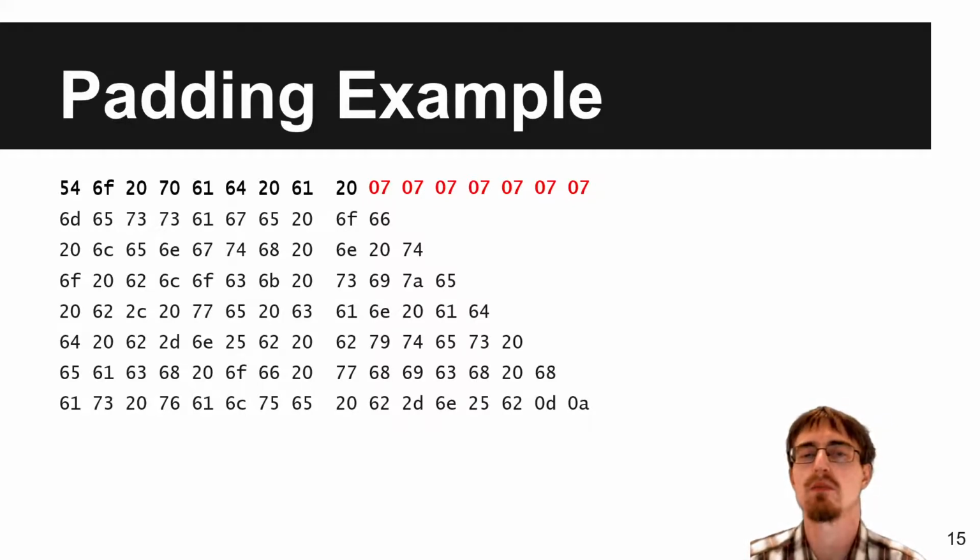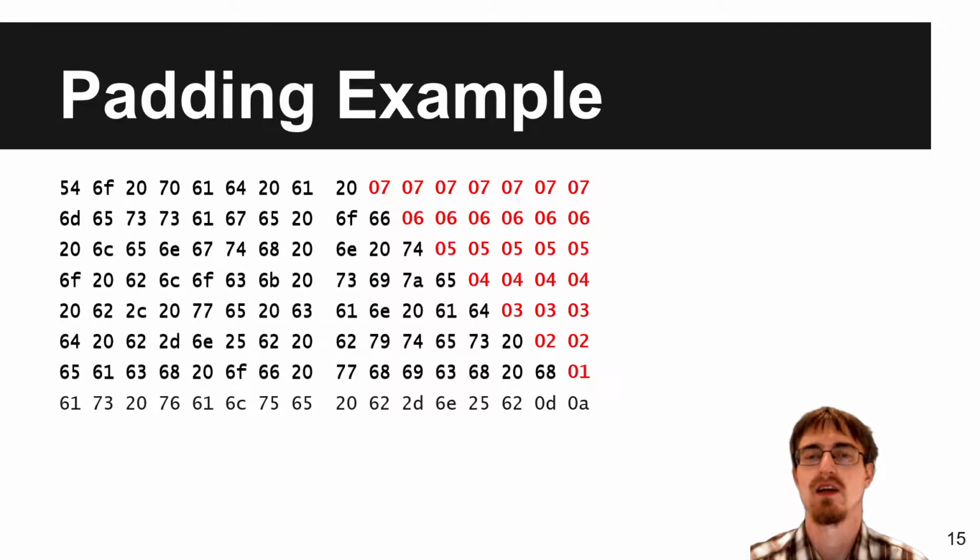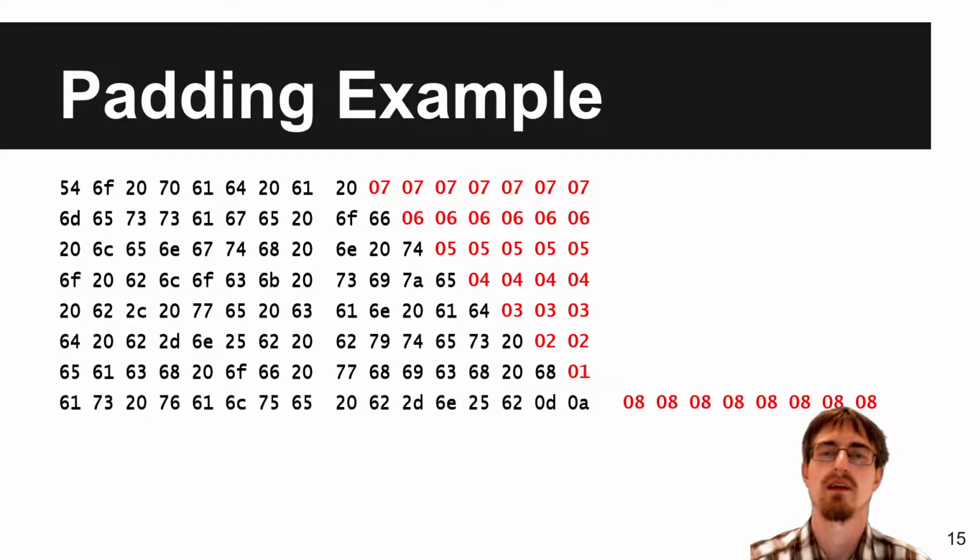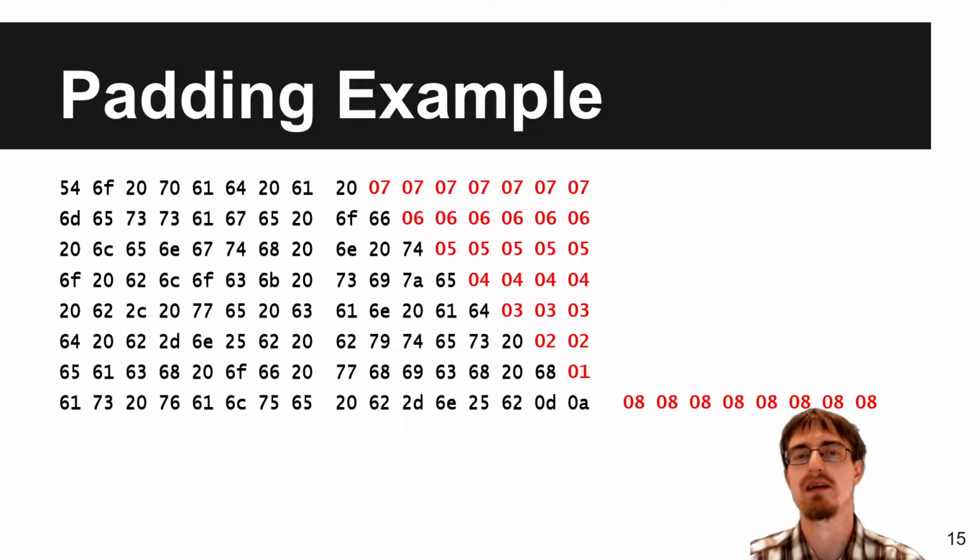And now it's a multiple of 8. For the next one we need 6 bytes of padding, all of which again use the value 6. The remainder works just like that, except for the final one. In the final one we already have a multiple of the block size, but we still need to add the padding to be clear about what is in there, so we add it as a separate block. Now this is the only case where we really waste any space.